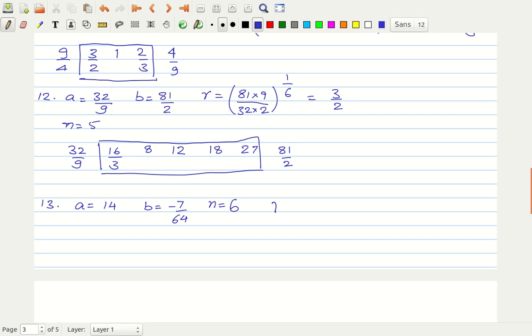So R is going to be minus 7 by 64 divided by 14, so multiplied by 1 by 14, to the power 1 by n plus 1, so to the power 1 by 7, and this is going to be minus 7 times 2, so this is minus 1 by 128, to the power 1 by 7, and this is going to be equal to minus half, because 128 is 2 to the power 7.